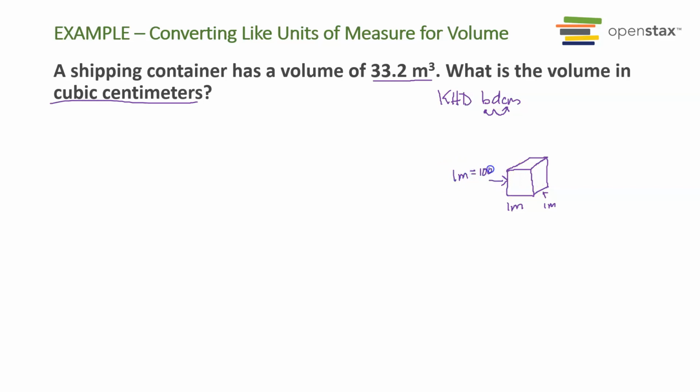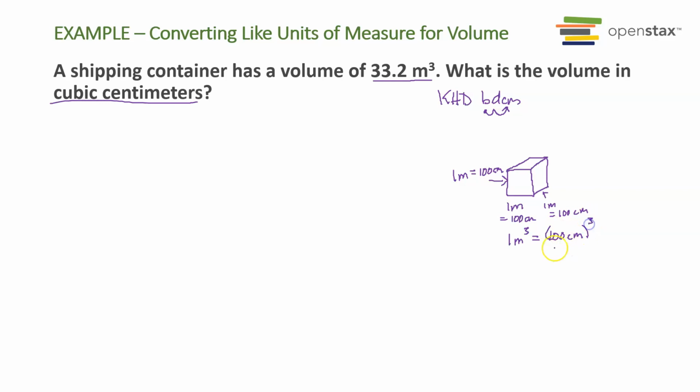And there are 100 centimeters in a meter. So 1 cubic meter is going to be 100 centimeters cubed.